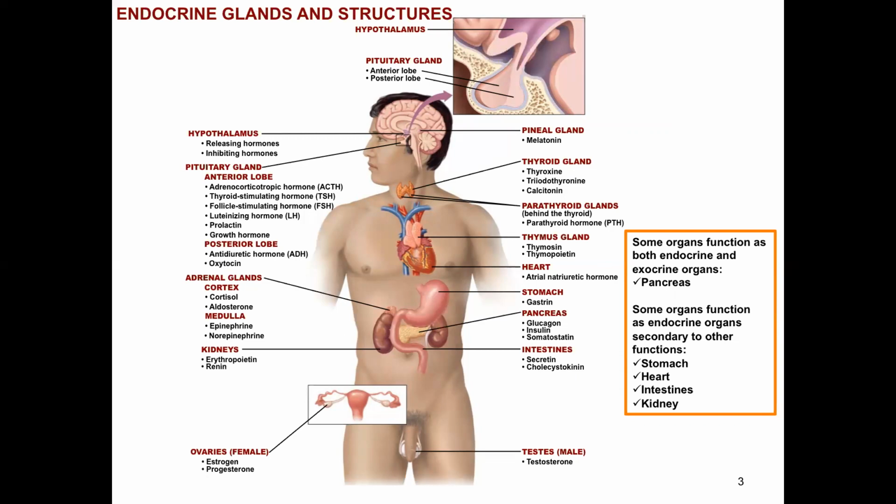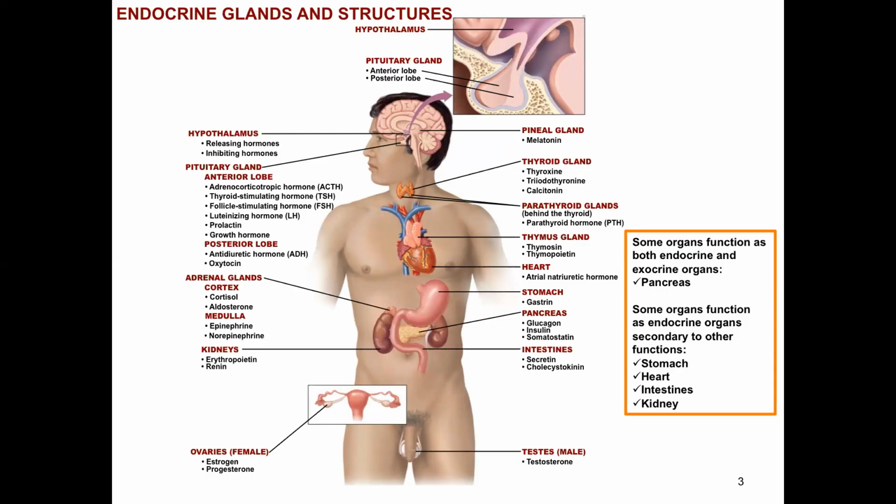If you look at these glands, you might think, wait a minute, the heart is not a gland. But the heart, even though it has a function that we've already talked about, also secretes a hormone. We don't talk about it too much in this course. I will mention it later, but it has to do with your urinary system, atrial natriuretic hormone.